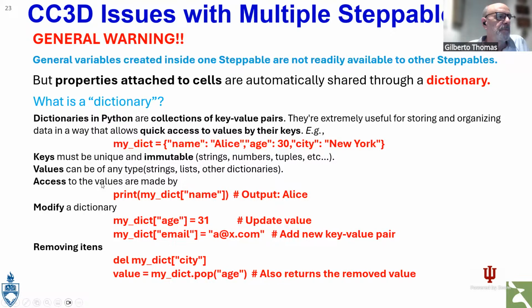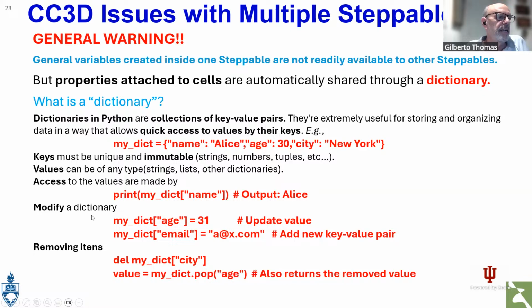Okay? And access to a particular key-value pair inside the dictionary is like that. Print, for example, my_dict name. The output would be the value of the key name, so it's Alice.